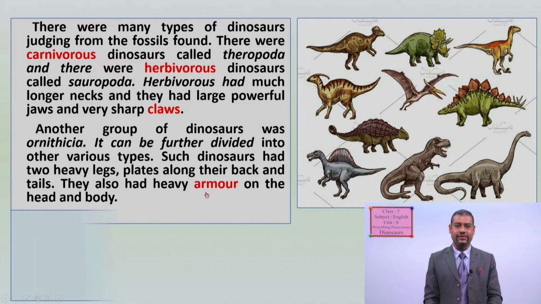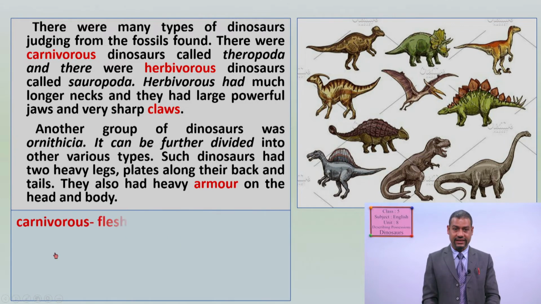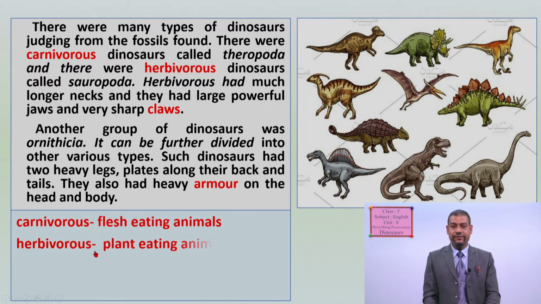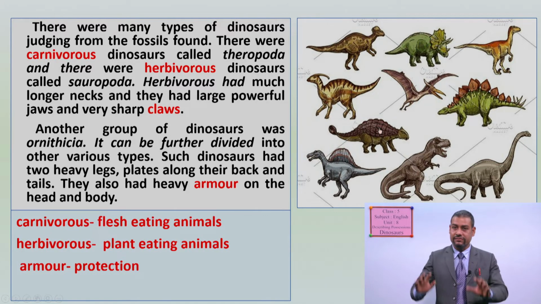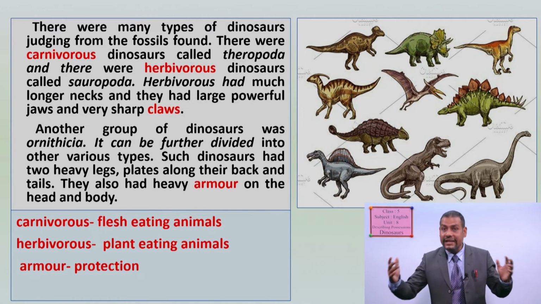Now, the meanings you might have already guessed from the text. Carnivorous means flesh-eating animals, animals that eat meat. Herbivorous means animals that eat plants. Armor means protection. This armor protects them, saves them from danger and from enemies.